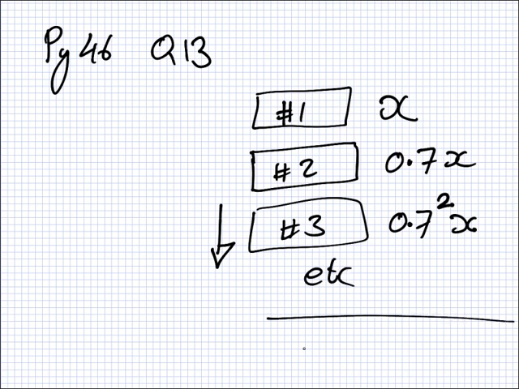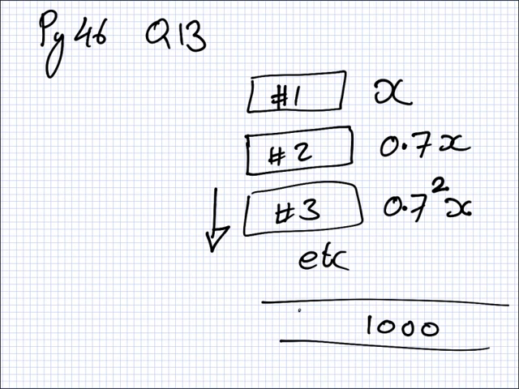If you add up the total number of clicks on every page on this result, I said 1,000, didn't I? So that's me saying S infinity is 1,000. So A over 1 minus r, what's r? 0.7. That should equal 1,000.